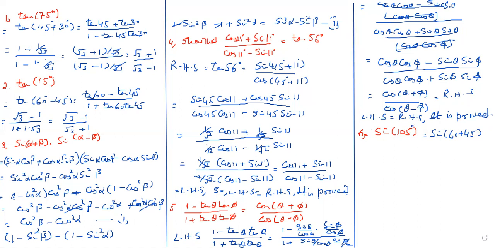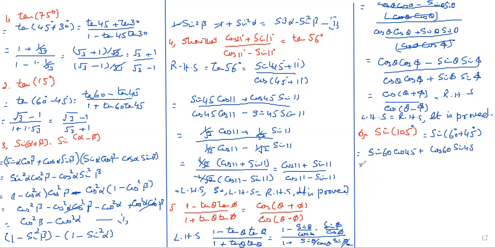Right. So there must be an angle here. One time you may write it, and in the other calculation no need. So it equals sine 60 cosine 45 plus cosine 60 sine 45.